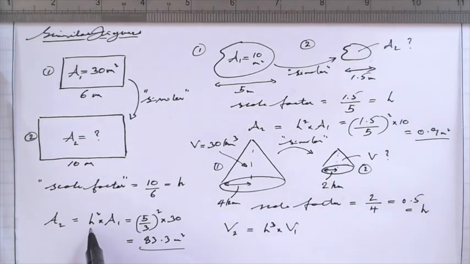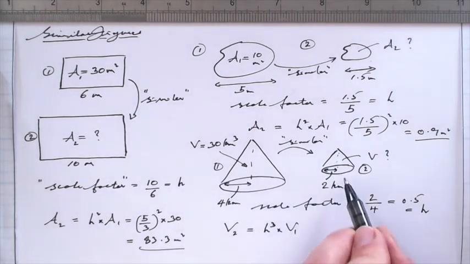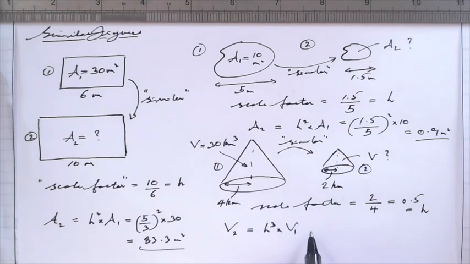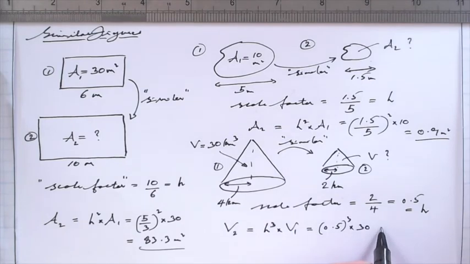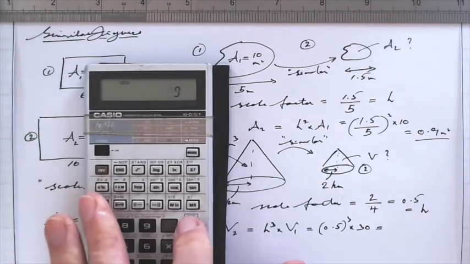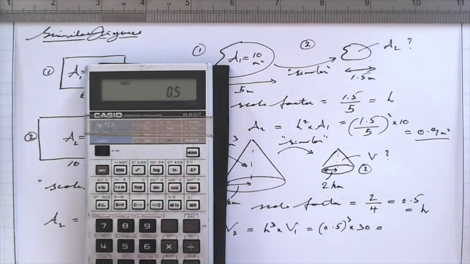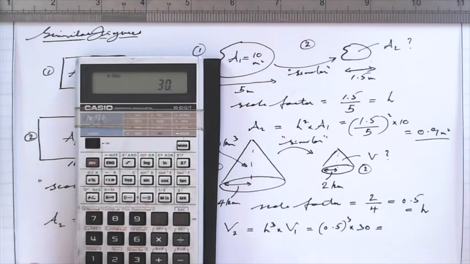When you're dealing with areas, you square the scale factor. So the volume of the second cone is h cubed times the volume of the first cone. That's 0.5 cubed multiplied by the volume of the larger cone, which is 30. So let's just do that on the calculator. Being lazy with the calculator here, but generally these problems are set where you're expected to manipulate some slightly unwieldy numbers.